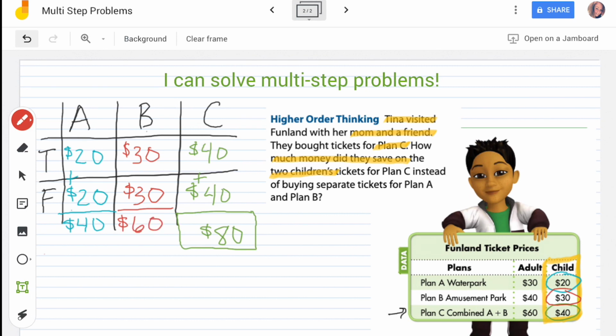So let's go back to our question now that we know how much the tickets cost under each plan. How much money did they save? That's going to be a key word. How much money did they save on the 2 children's tickets for Plan C instead of buying separate tickets for Plan A and B?